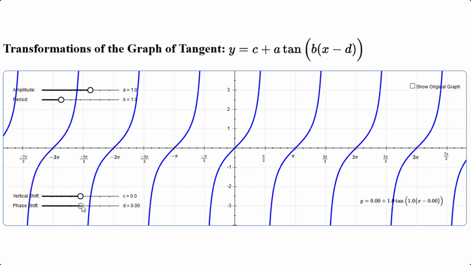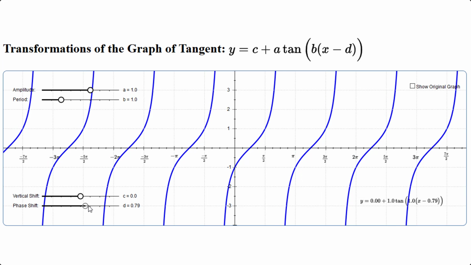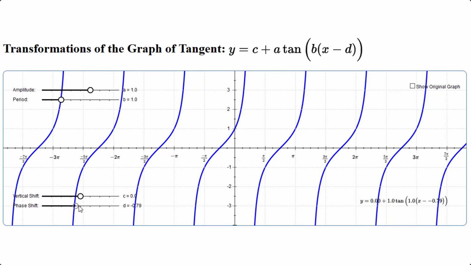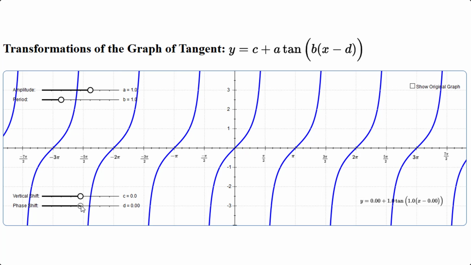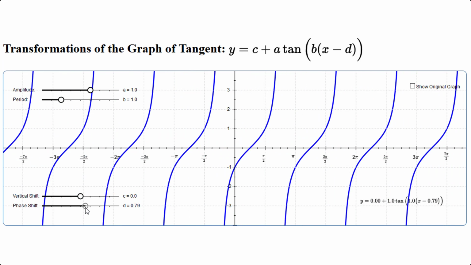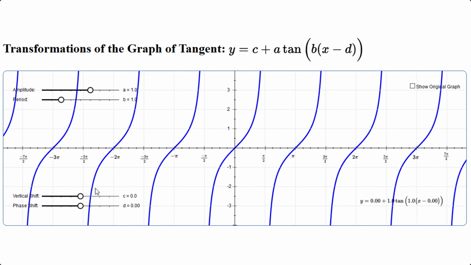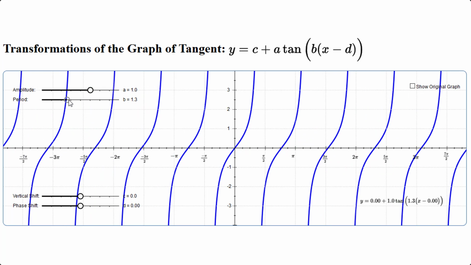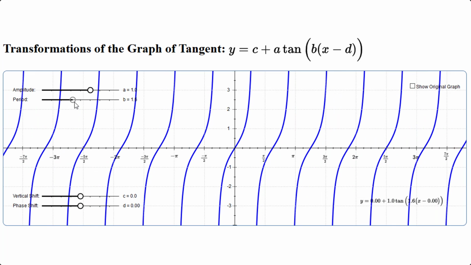The phase shift is relatively easy to work with. It's just moving me to the right or left, however many particular units. But it is such a small period in general that it doesn't take a lot of change to get right back to the exact same shape. The period change, if I change the period, then that's just changing how long it takes to complete a full cycle.